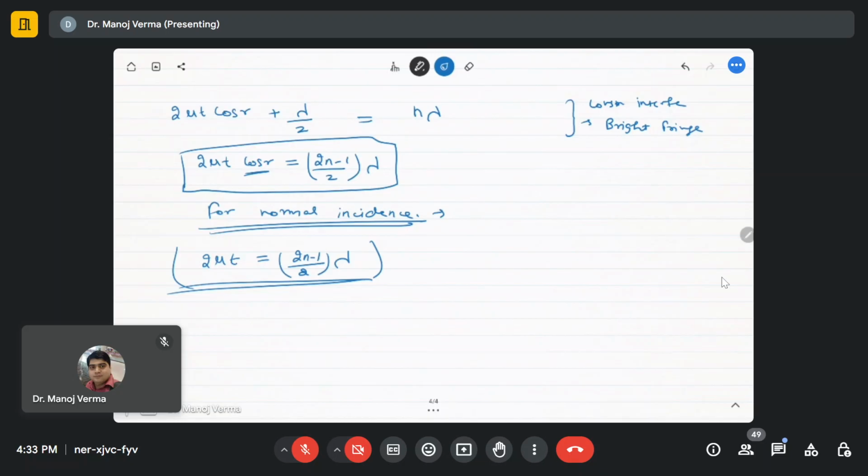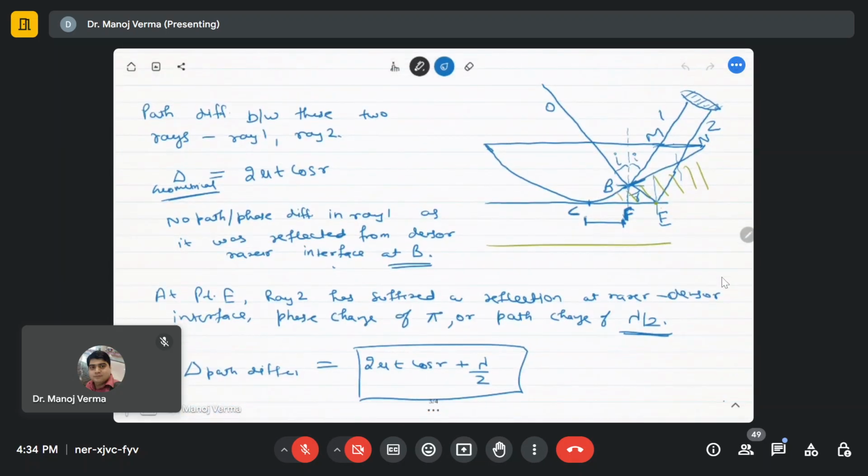Now I want to see how this thickness, this T, I can relate. This T is the thickness of the air film at the point below the point at which interference is happening. If I am considering interference at point B, then this T is length BF.